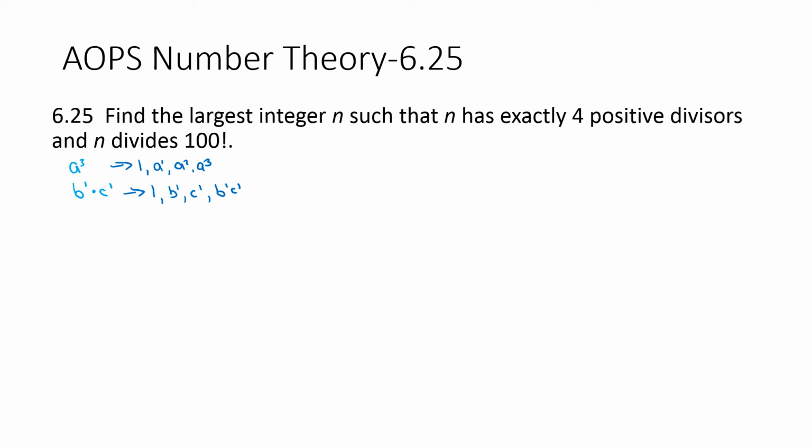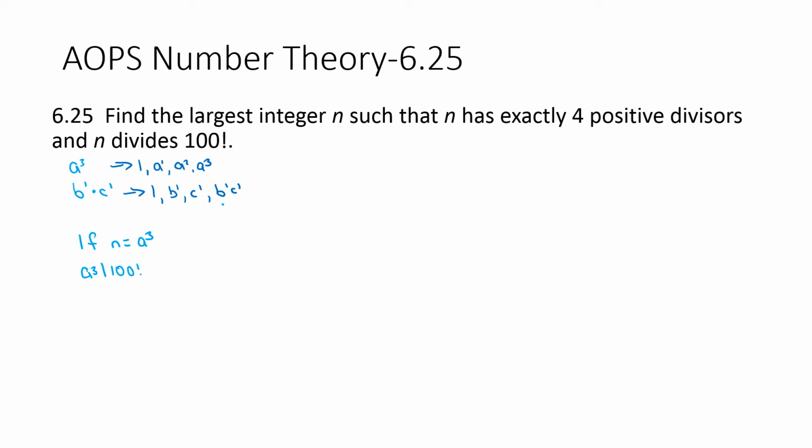So these are the only possible ways that there are 4 positive divisors. So if n is equal to a to the power of 3, then that means a to the power of 3 divides factorial 100. Since we are looking for the largest prime a, we are looking for the a such that there are 3 multiples of a from 1 to 100.